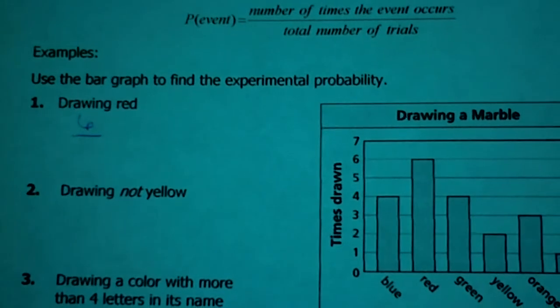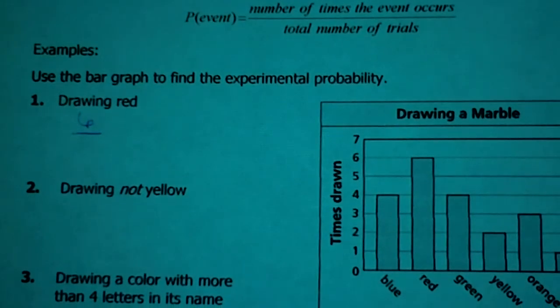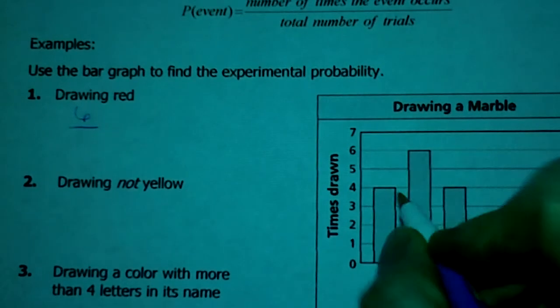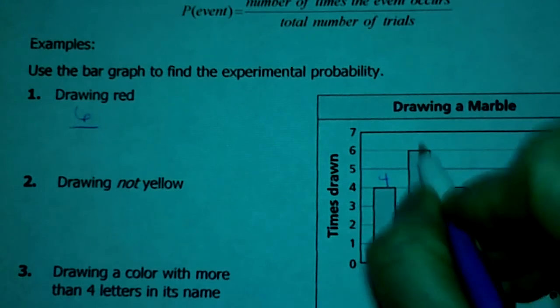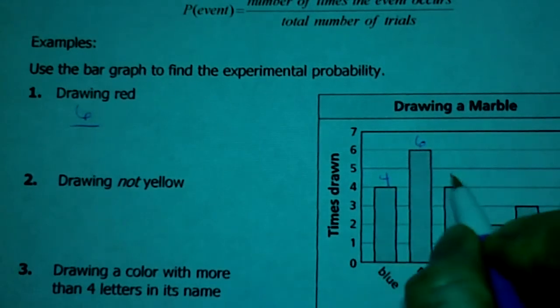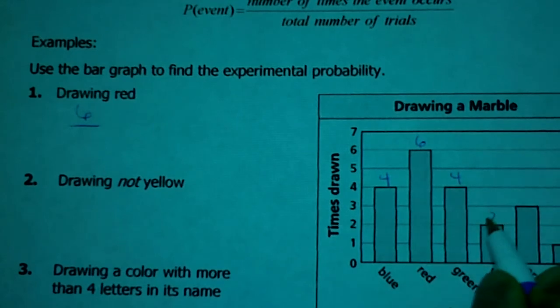I'd like you to think for a second. I'll tell you eventually, but how can I figure out the total number of trials? Hopefully you said, well, look at the bar graph and see how many total trials there were. Blue happened 4 times. We already said red happened 6. Green happened 4. Yellow happened twice.